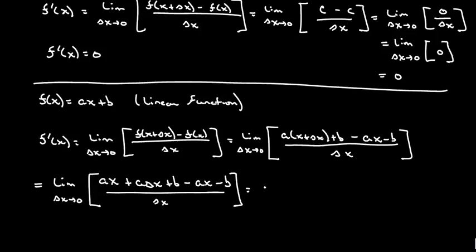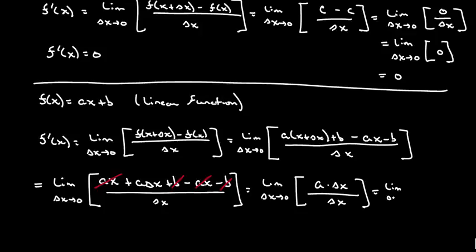And that'll be equal to the limit as delta x goes to 0. The ax and the ax are going to cancel, and the b and the b are going to cancel. So we're left with a times delta x over delta x. Now remember, delta x is never 0. It just gets really close to it.